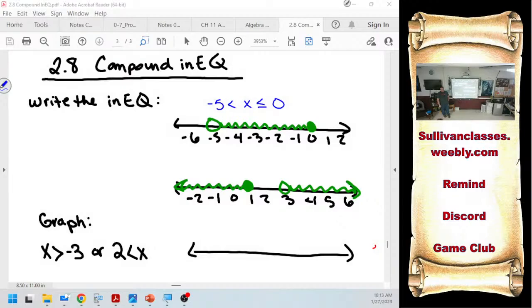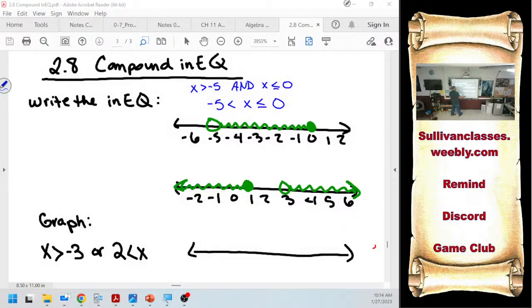We don't go erasing and changing it. You mark what you did. Yeah, I put and instead of the letter. Okay. Now, if you said x is greater than -5 and x is less than or equal to 0, we'll be able to take 1 off instead of 2.